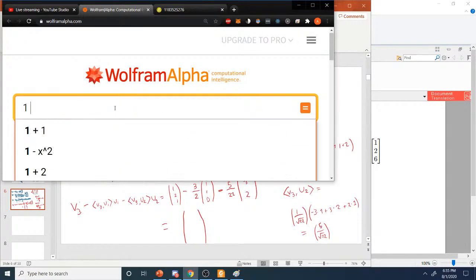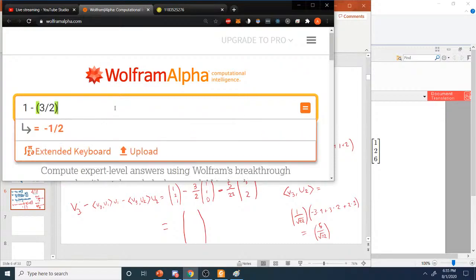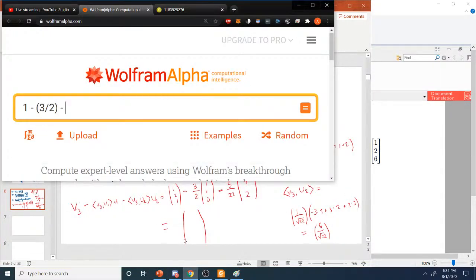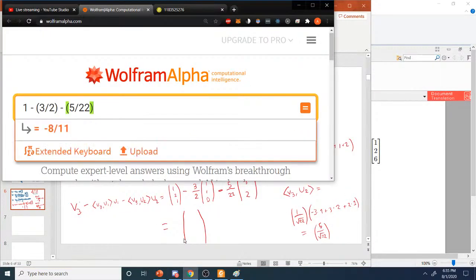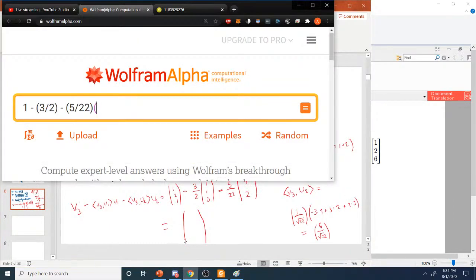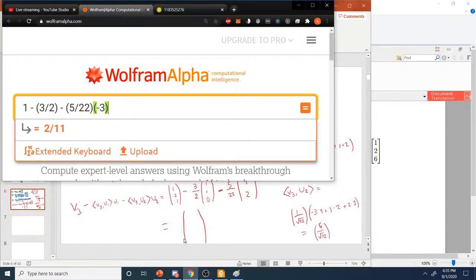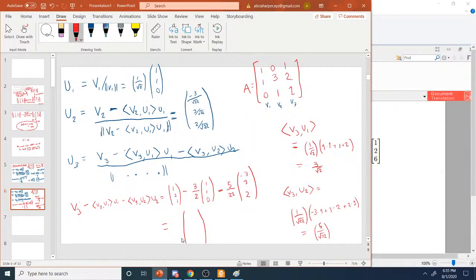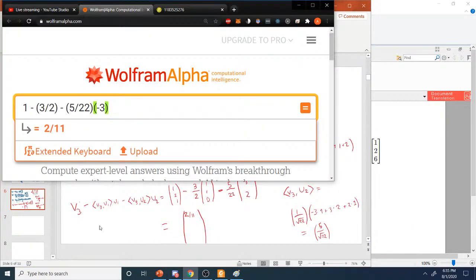So for my first component, it's 1 minus 3 over 2, and then minus 5 over 22 times negative 3. And so we just get 2 over 11 for our first component.